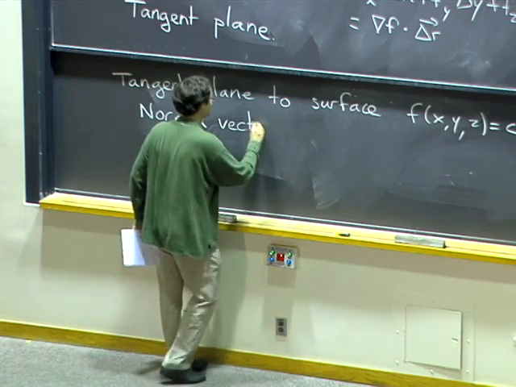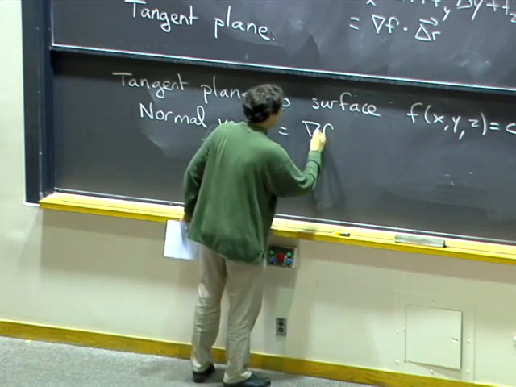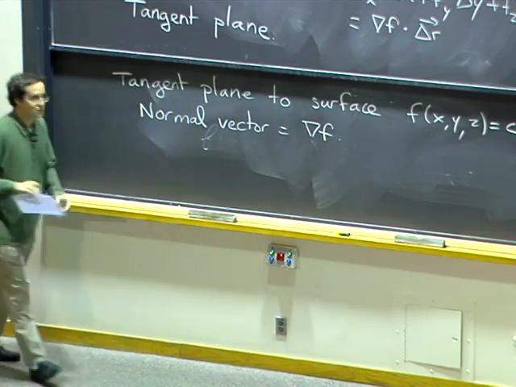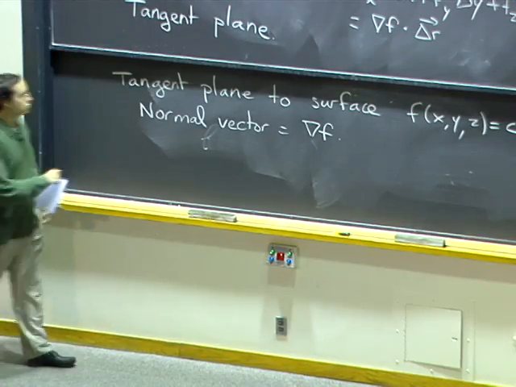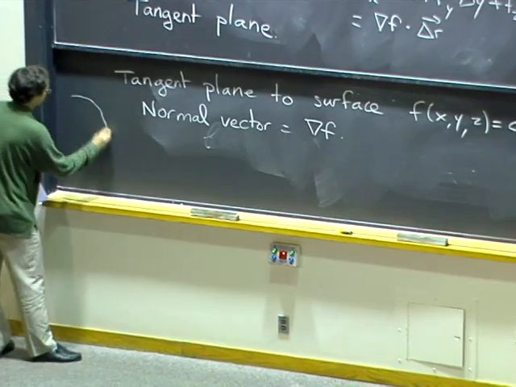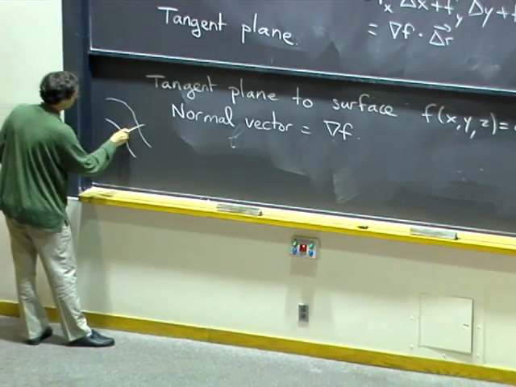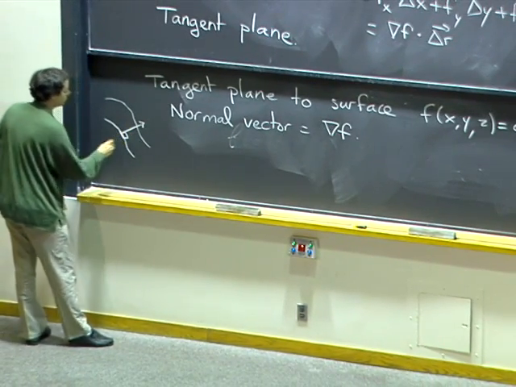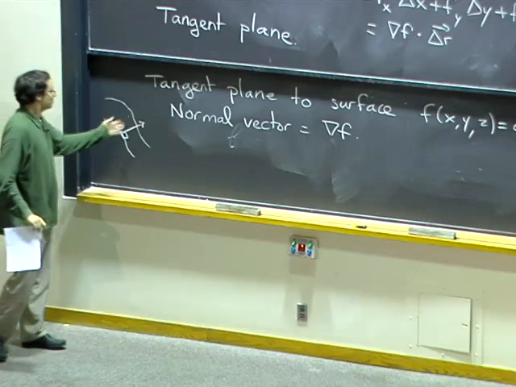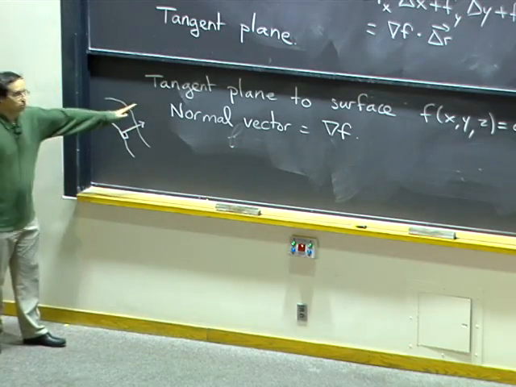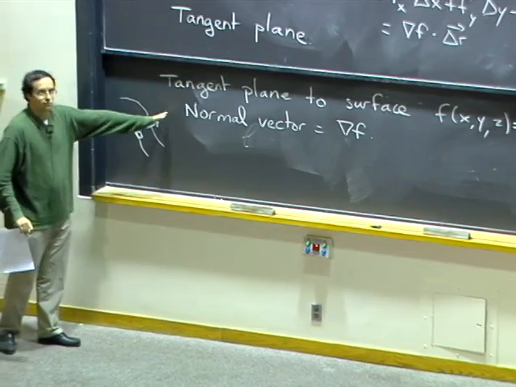And we know that one normal vector is given by the gradient of the function because we know that the gradient is pointing perpendicularly to the level sets towards higher values of the function. It gives us the direction of fastest increase of a function.